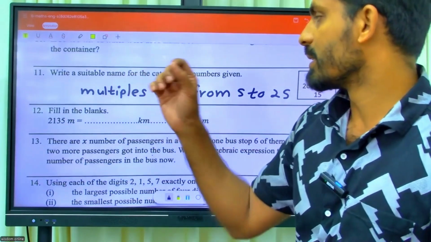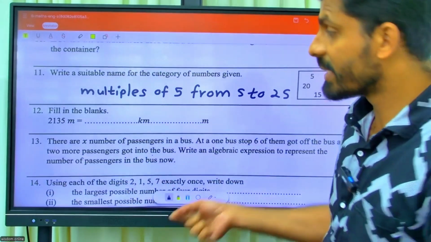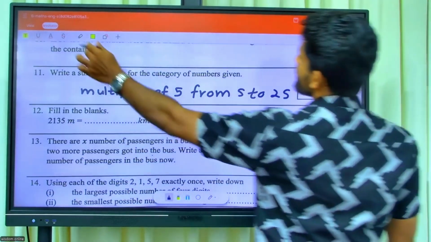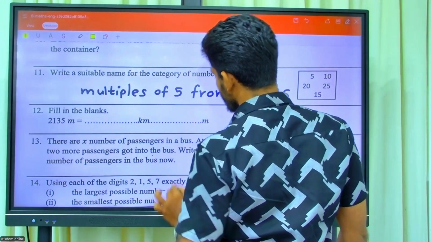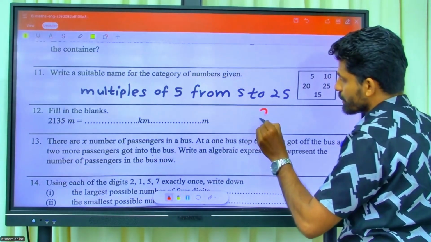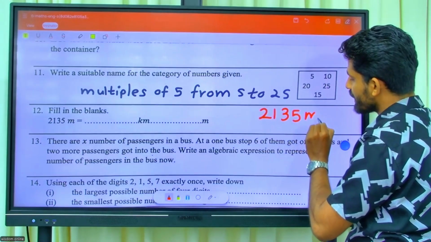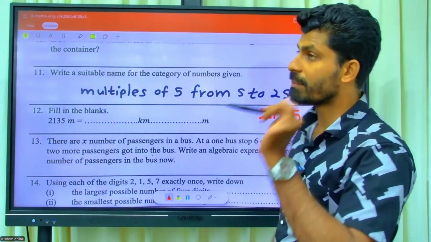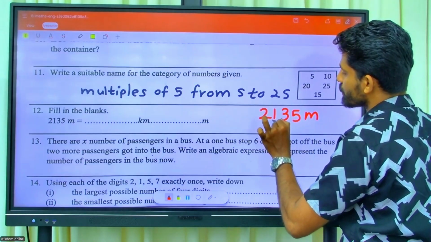Filling the blanks. 2,135 meters means we need to divide by 1,000 to convert to kilometers. 1, 2, 3.